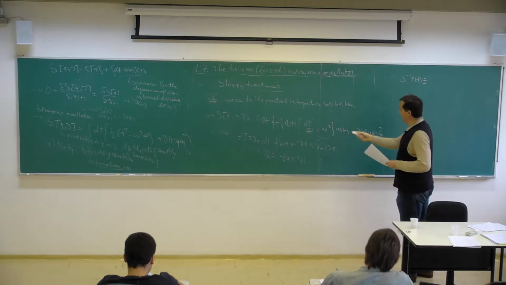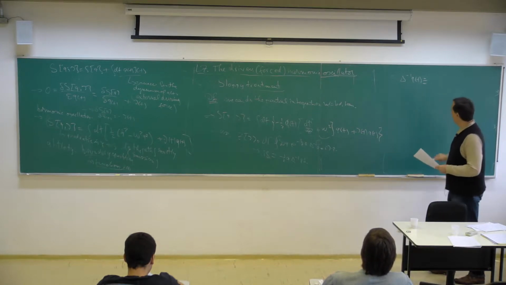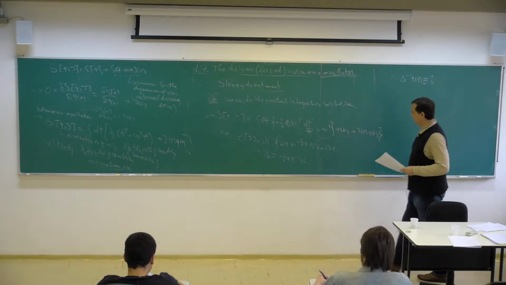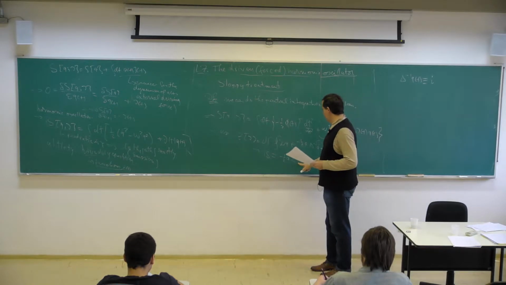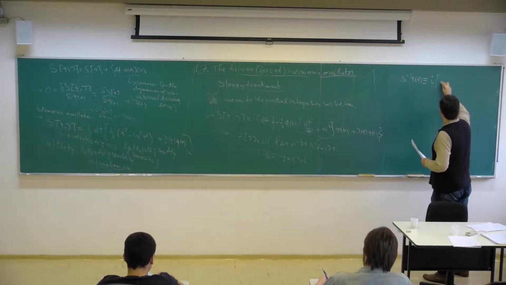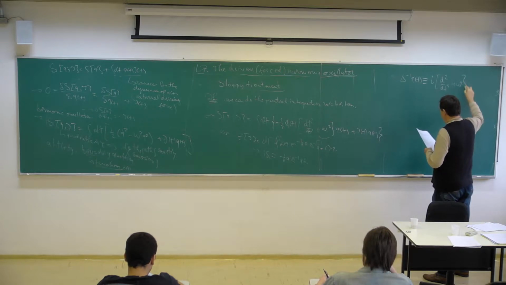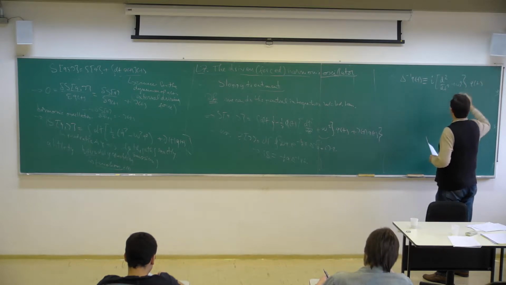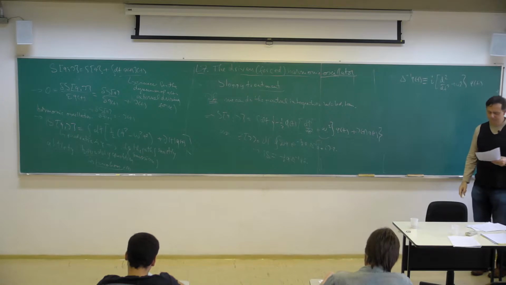So by our definition, delta minus 1 of q stands for the term in iS, so this is i times d squared dt squared plus omega squared acting on q of t.